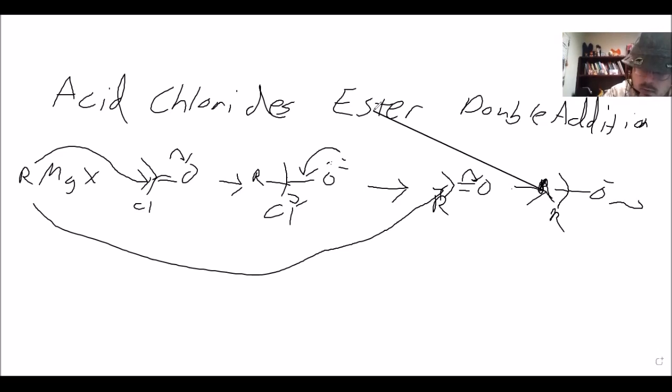And then, of course, water or acid to fully form the alcohol. Now, this is very similar for esters, in that instead of chloride as a leaving group, we would lose the OR, essentially the alkoxide.